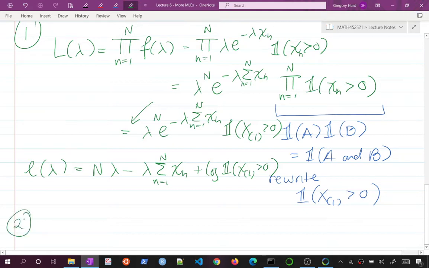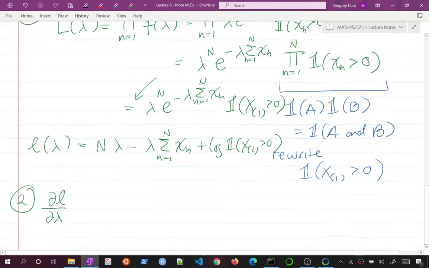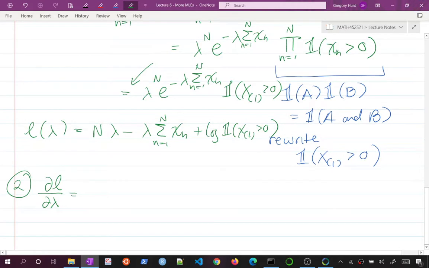When we come to step 2 here, we look at d l d lambda. What do we get? We just get an n minus, whoops, we don't get that lambda, minus the sum. That whole log of the indicator goes away, so I really didn't need to worry about that too much in this problem. It doesn't depend on lambda.